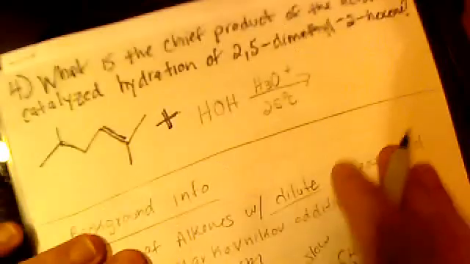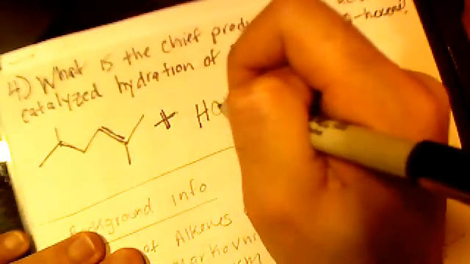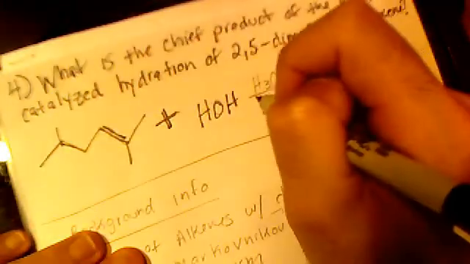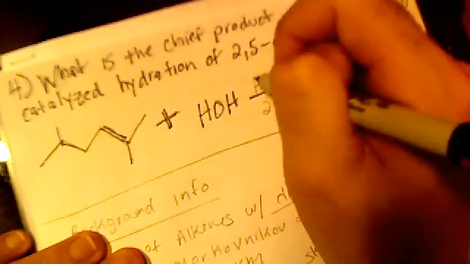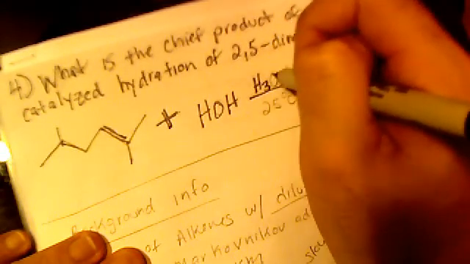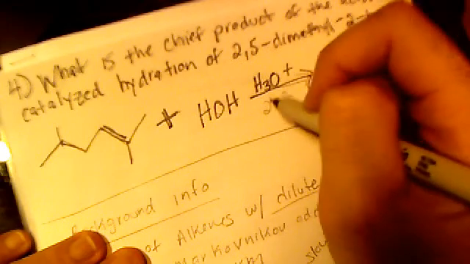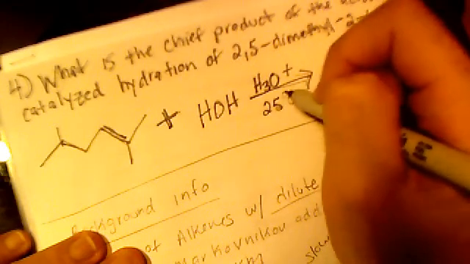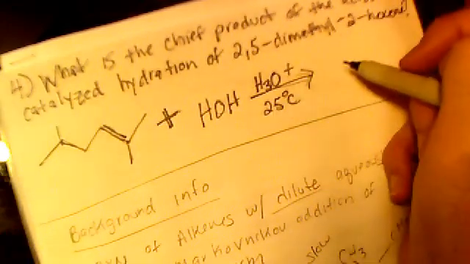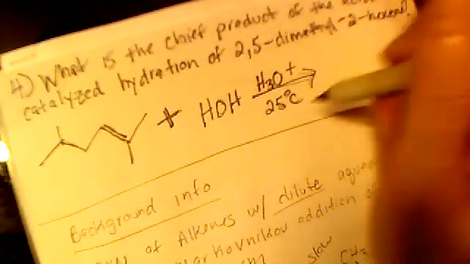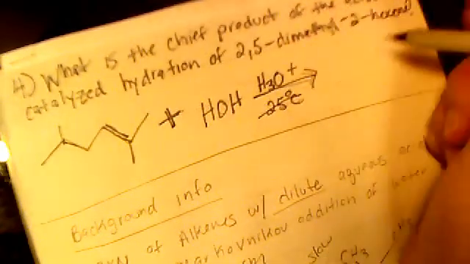The reaction is with water, H2O, and the catalyst is acid, H3O+, and I just put in 25 degrees Celsius. That's not part of the problem. You can actually ignore that.